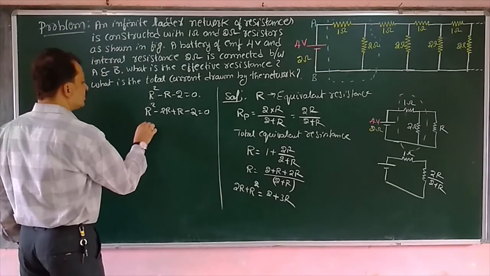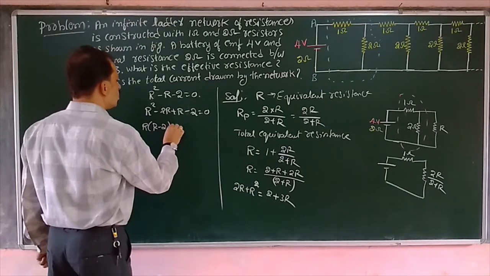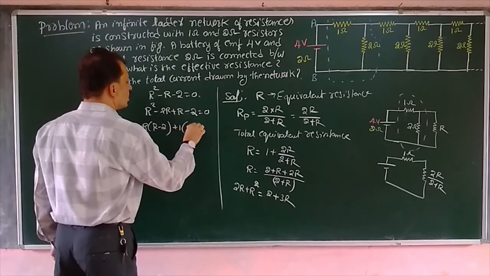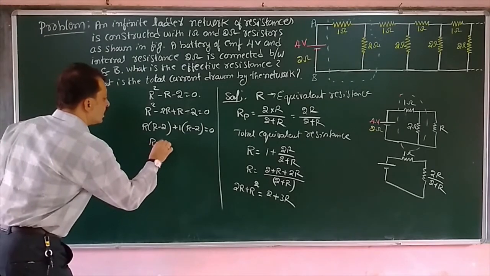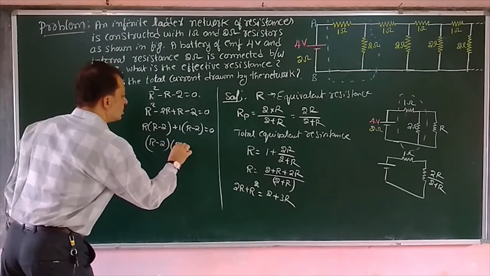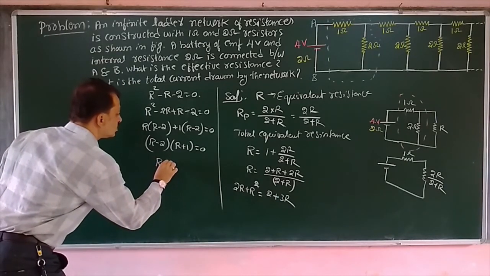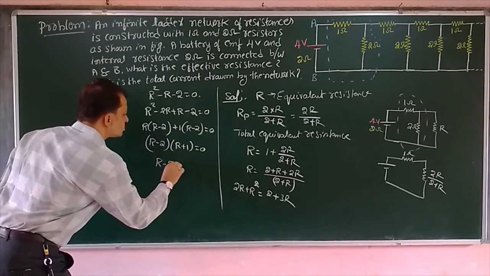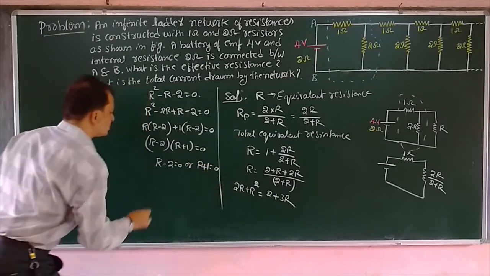Now factorizing this one, we get R minus 2 into R plus 1 is equal to 0. Therefore R minus 2 is equal to 0, or R plus 1 is equal to 0.